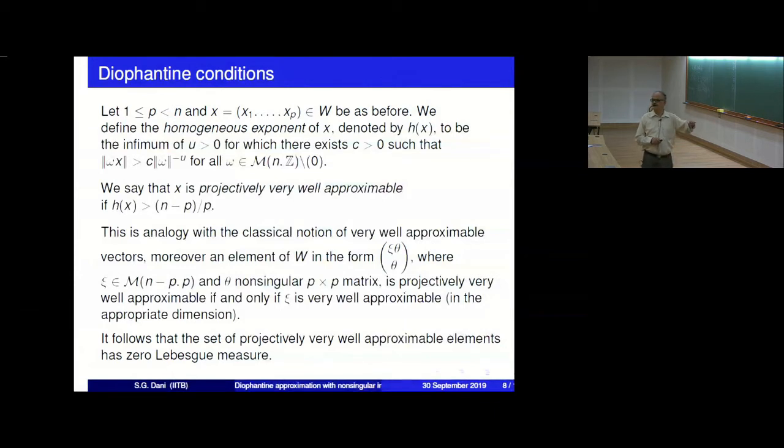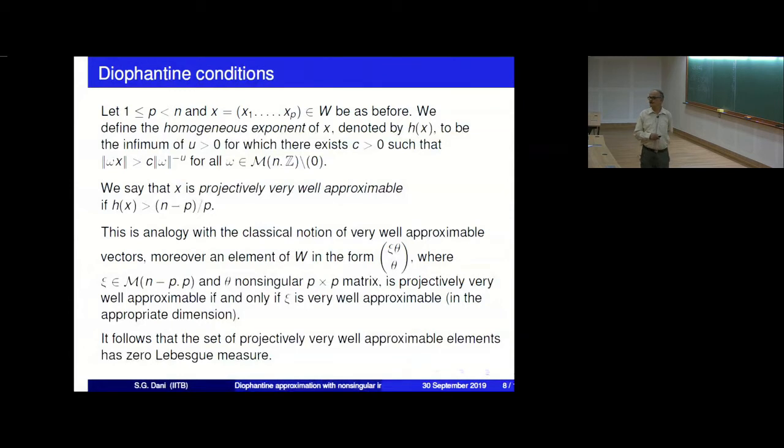You take a non-singular block of p rows, arrange it to be the last p rows, and then the upper part you can write in this form. Then this is projectively very well approximable if and only if xi is very well approximable.